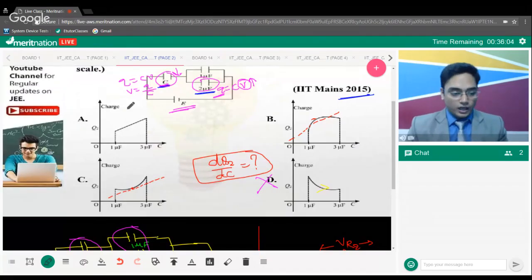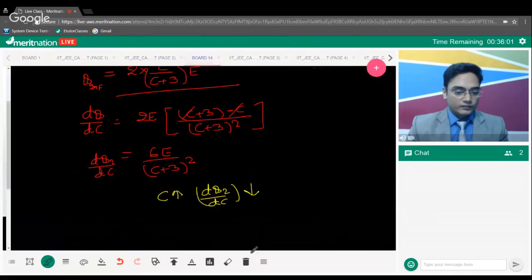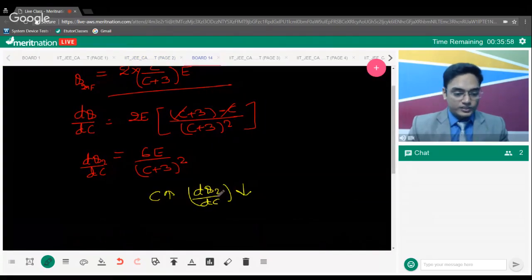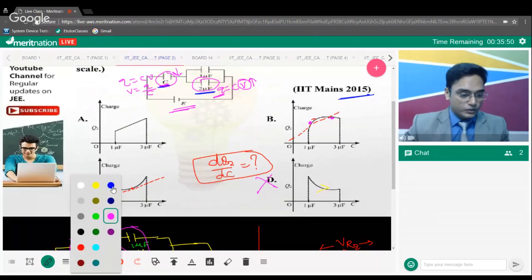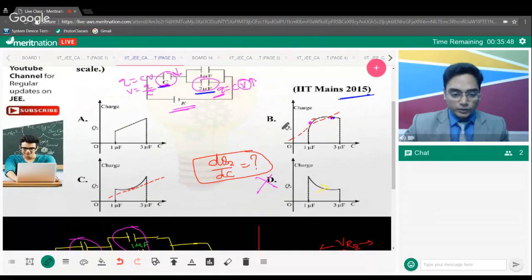Now out of A, B, and C, in which case is the slope decreasing? We'll take a point here, and another point I'm showing you. If you see option number B, guys, please respond. In option B, is the slope increasing or decreasing?